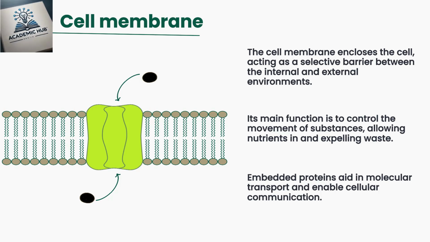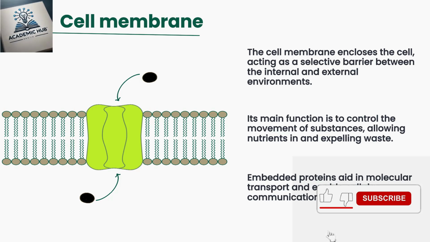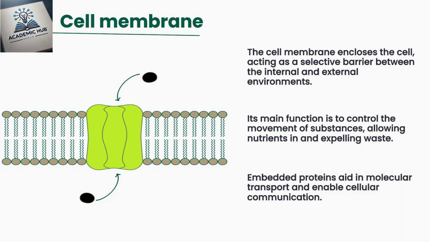Now let us discuss an example of neurotransmitter release in the brain. When a neuron receives a signal, neurotransmitters are released into the synaptic gap and bind to receptors on the neighboring cell's membrane.